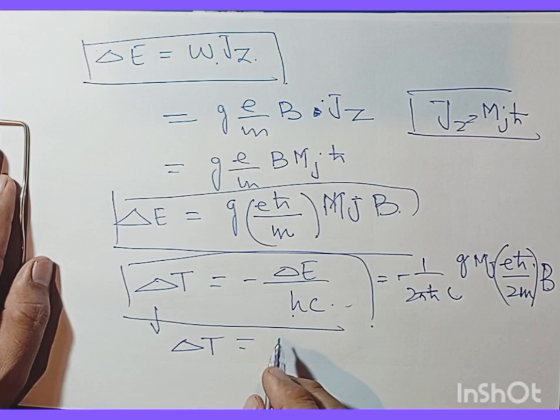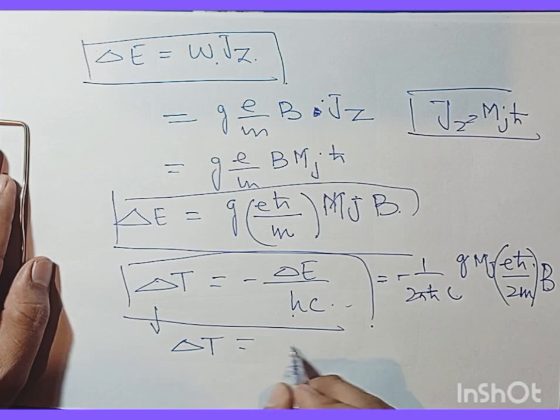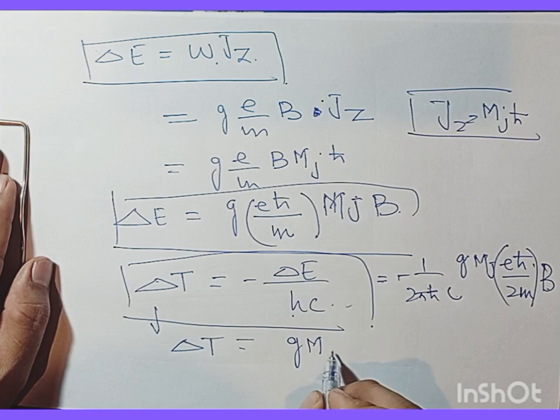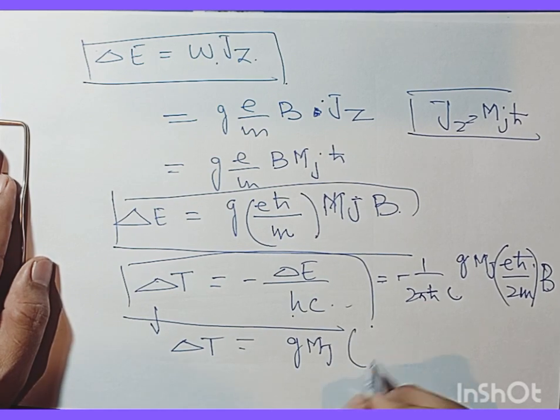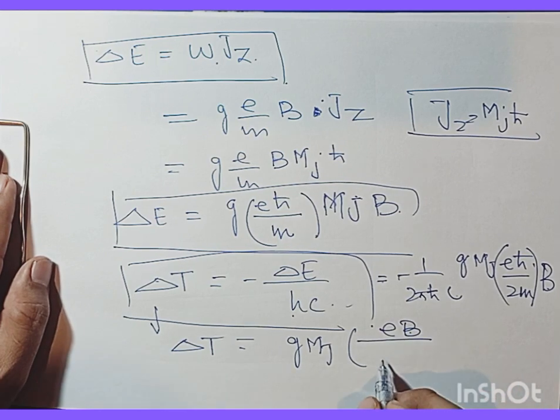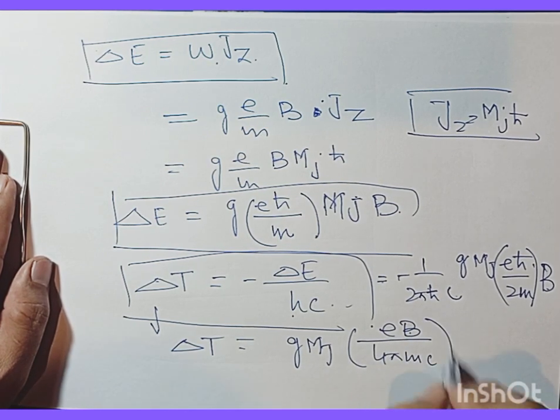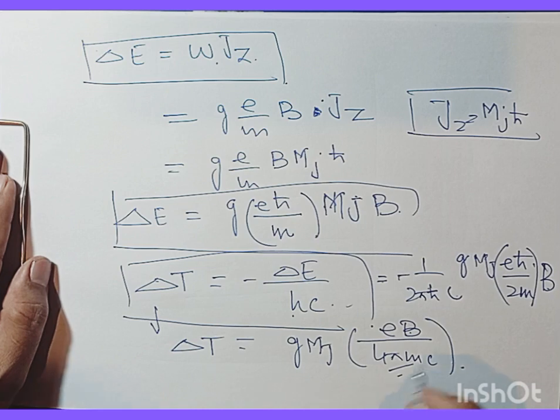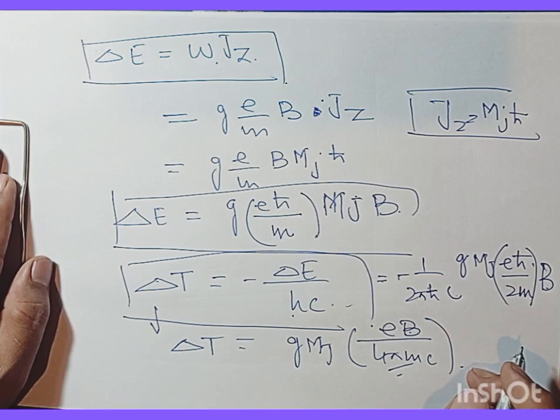So I can write the final thing: delta nu tilde is g m_J times eB by 4 pi mc. Now this term is what is called the Lorentz unit.